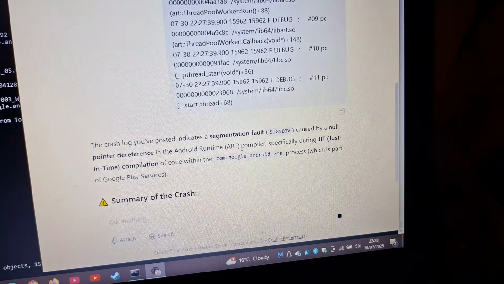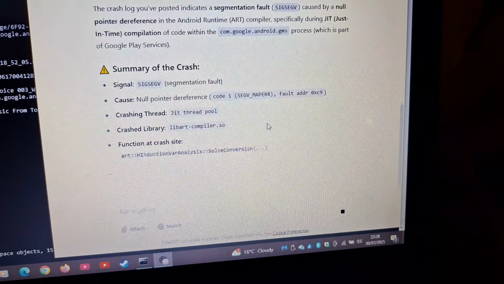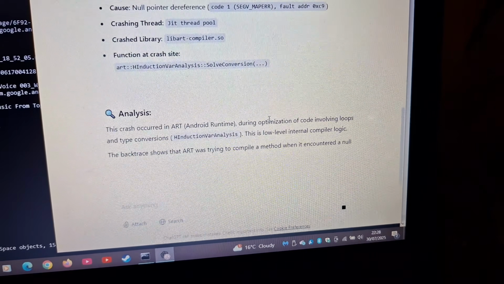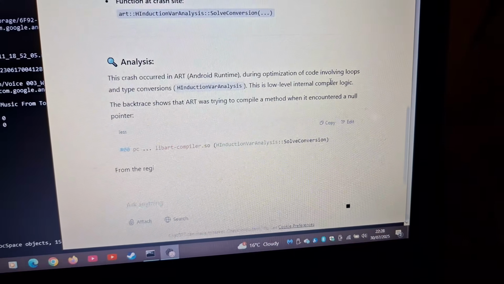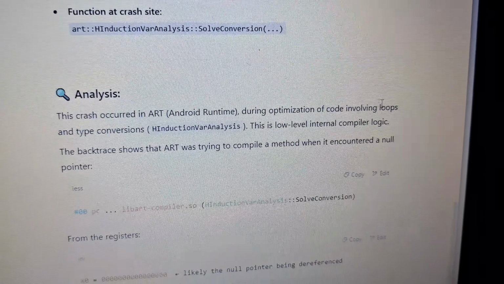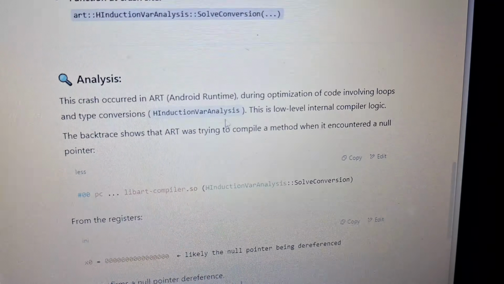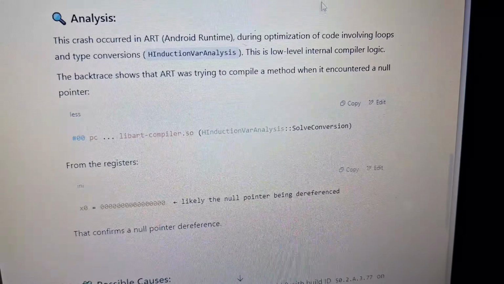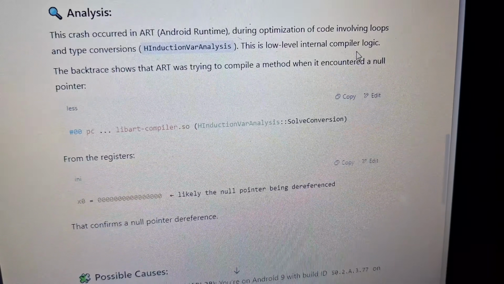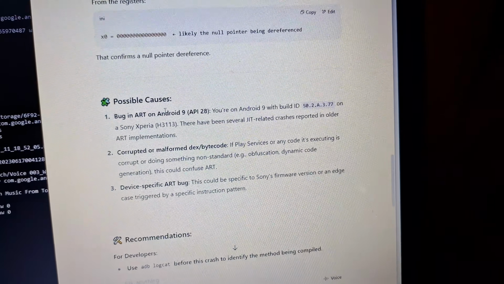This indicates a segmentation fault. This is because Android was doing optimization involving loops and inlining, a low level internal, trying to compile a null pointer.